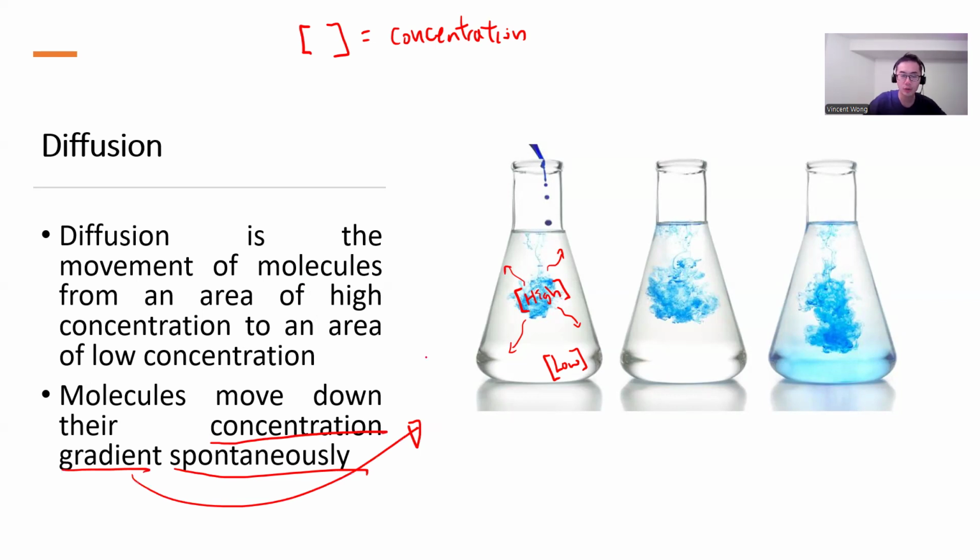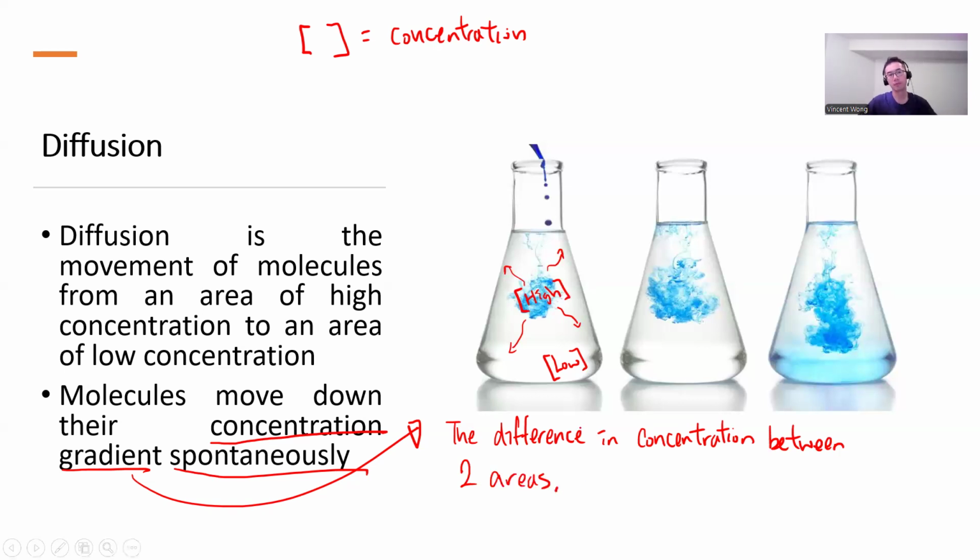Concentration gradient means the difference in concentration between two areas.